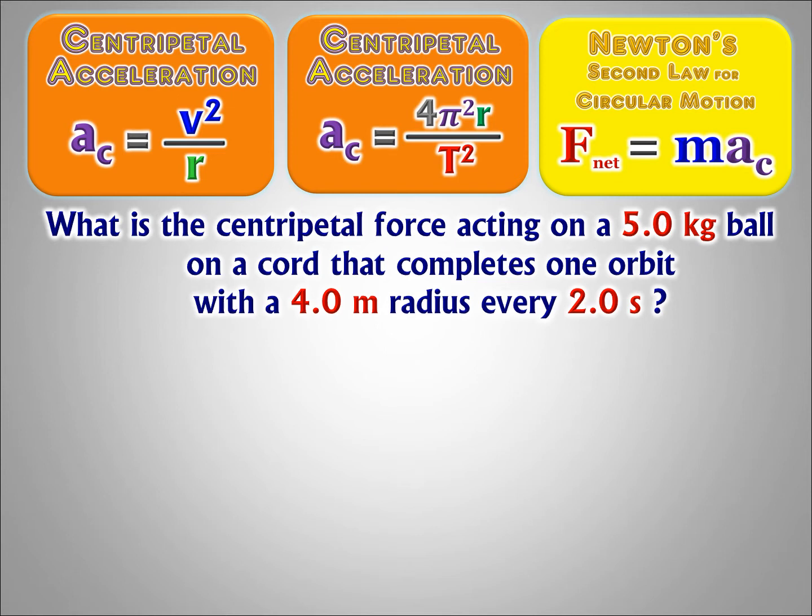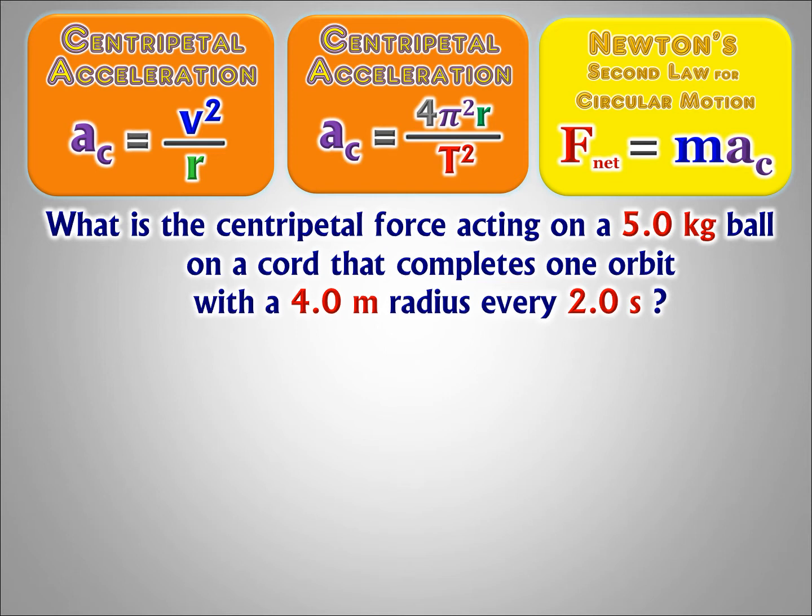So you might imagine, because we're looking for the centripetal force, that we might want to start with this equation. But the only problem is, to use that equation, we need centripetal acceleration, which we don't have. We do have the mass, but we don't have the centripetal acceleration. So there's no way to solve for the net force until we get the centripetal acceleration.